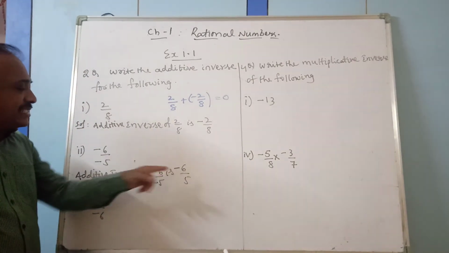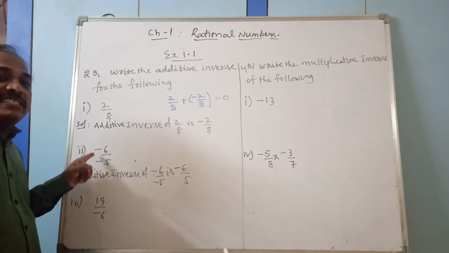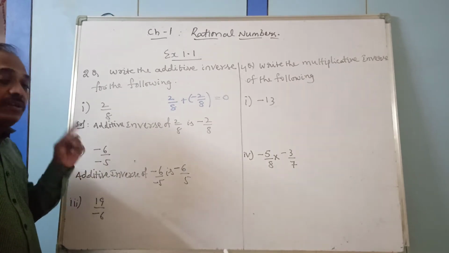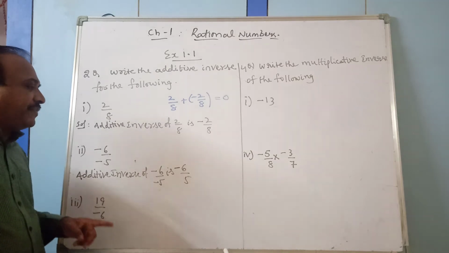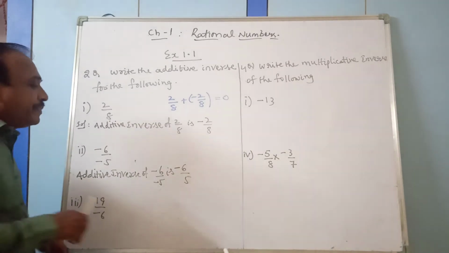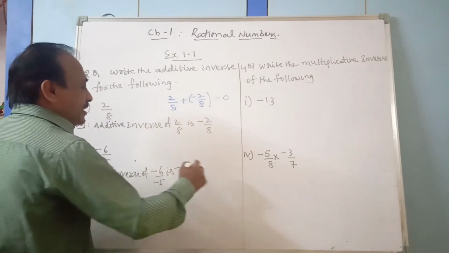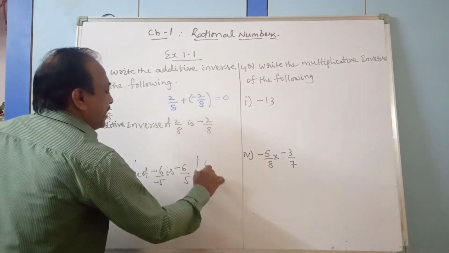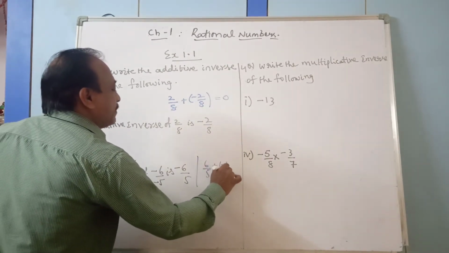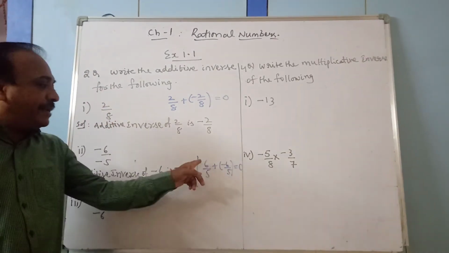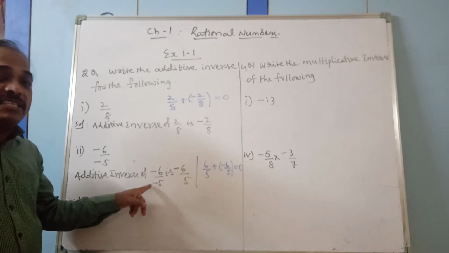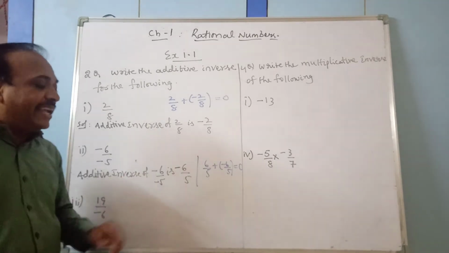Why is it minus 6 by 5? Both minuses get cancelled, and what is left over is 6 by 5. Observe it: 6 by 5 plus minus 6 by 5 is equal to 0.